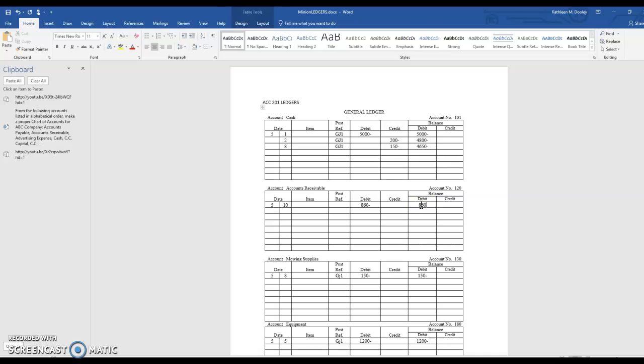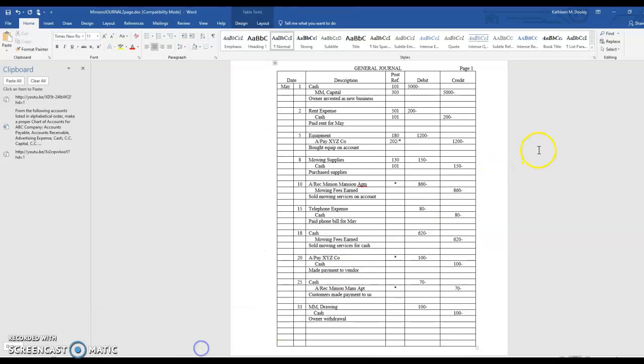So we have a balance of $860. Where did this come from? GJ1. That's account 120. Okay, so we've posted this now to both account 120 and also to Minion Mansion Apartments in the subsidiary ledger.